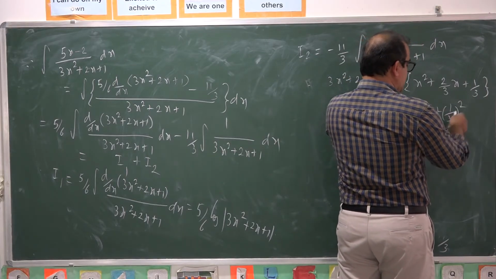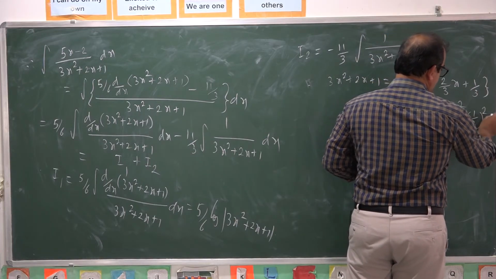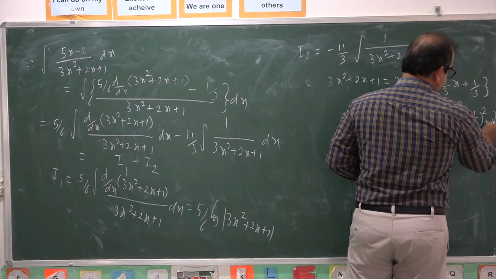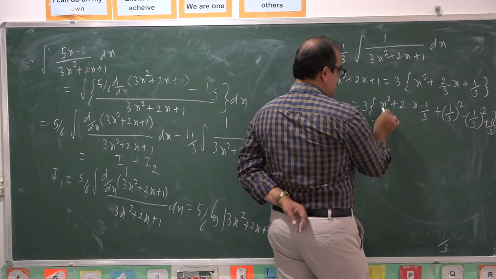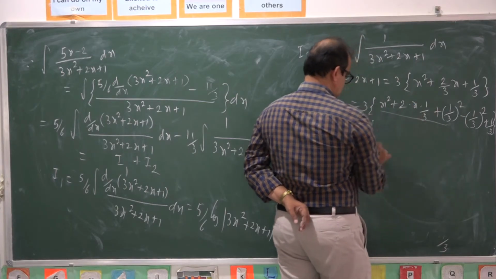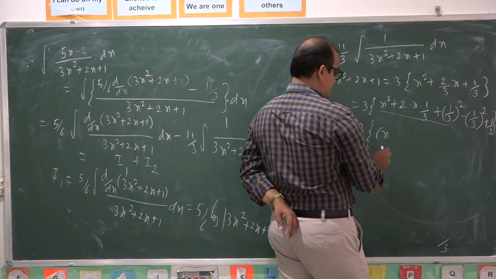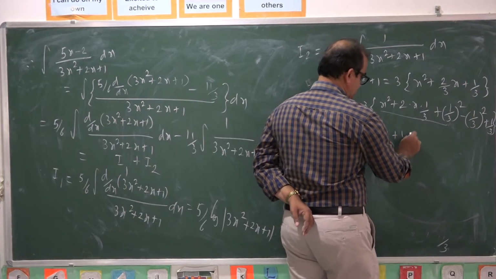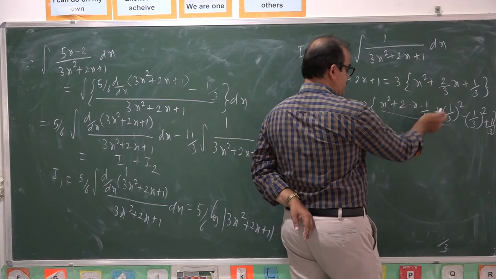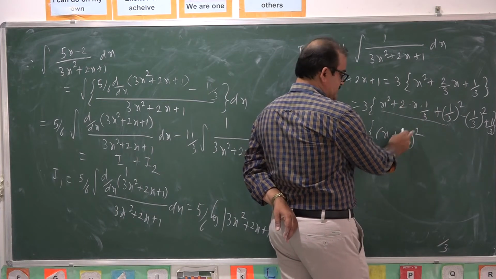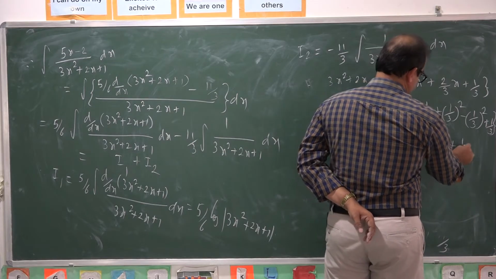If you add, then we must subtract, plus 1 by 3. 3 into the first three terms. The first three terms are the perfect square of x plus 1 by 3 whole square. It is in the form of a square plus 2ab plus b square, that is a plus b whole square. Next, minus 1 by 9 plus 1 by 3.